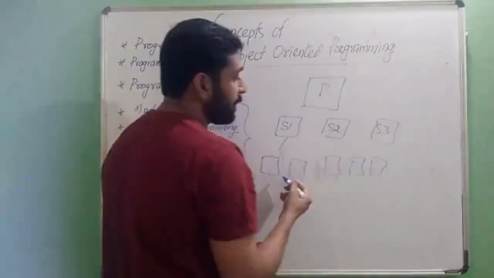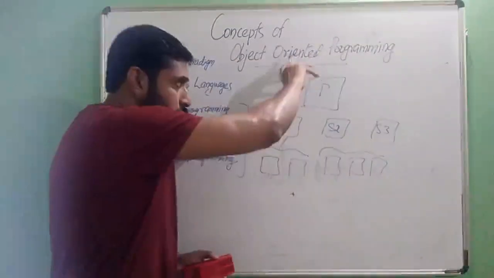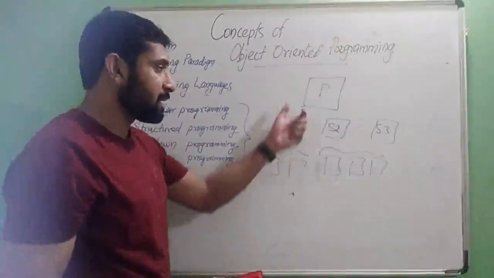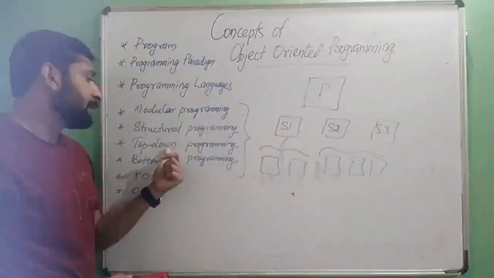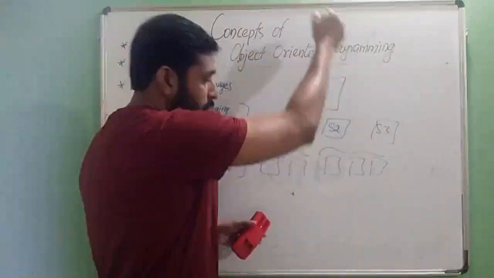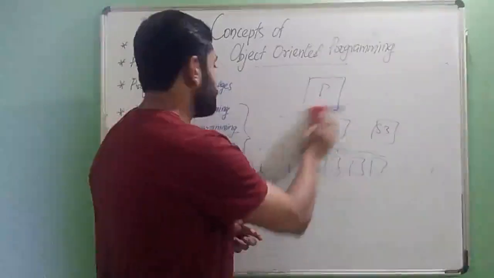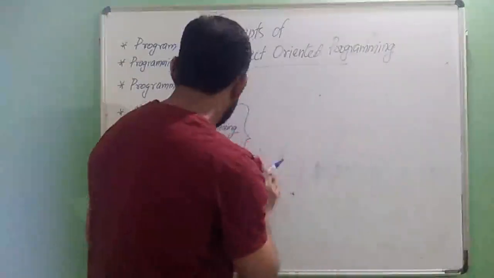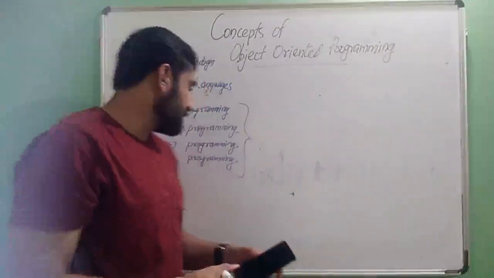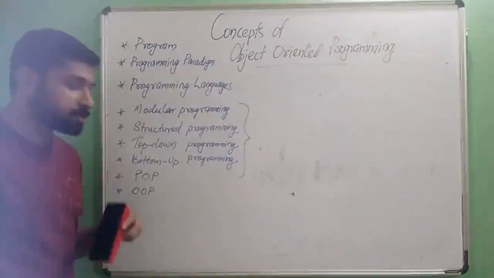This S2 is again divided. In this way, from the top to the bottom, this type of approach is called the top-down programming approach. And there is bottom-up. Instead of coming from top to bottom, we are moving from bottom to up. Such an approach is called the bottom-up approach. Here in this chapter, we are going to discuss 2 different important programming paradigms.